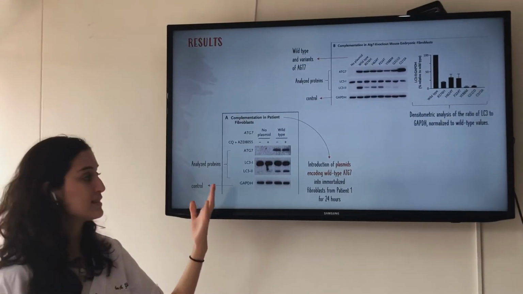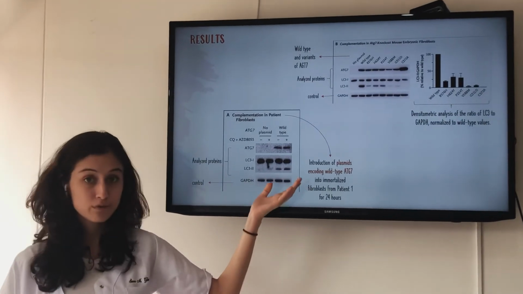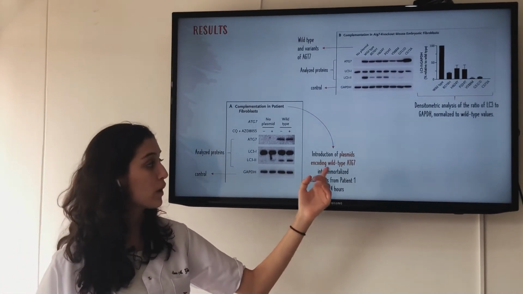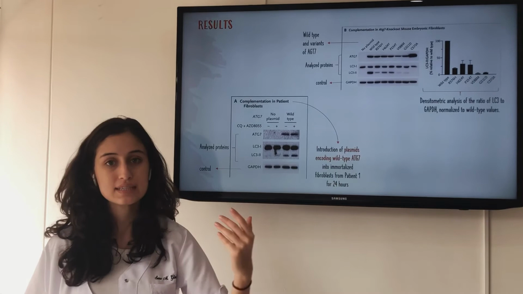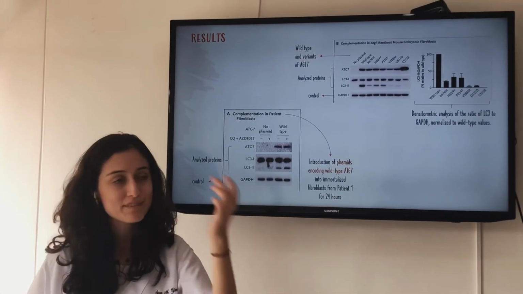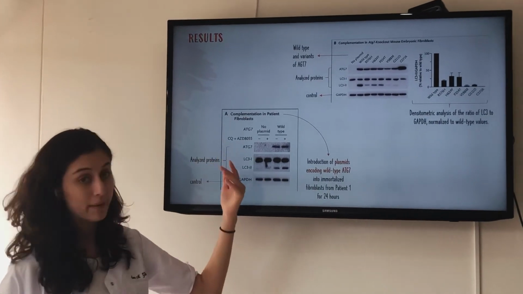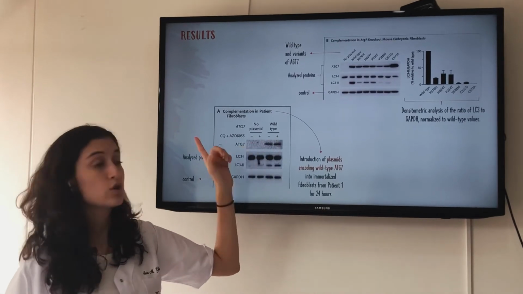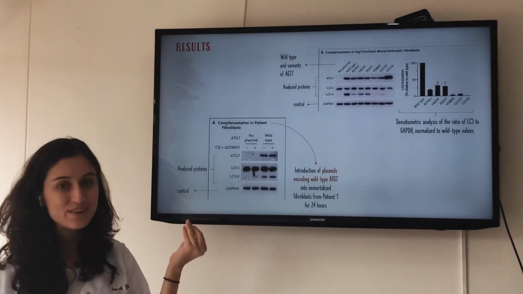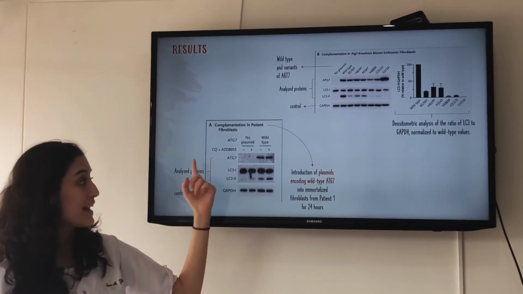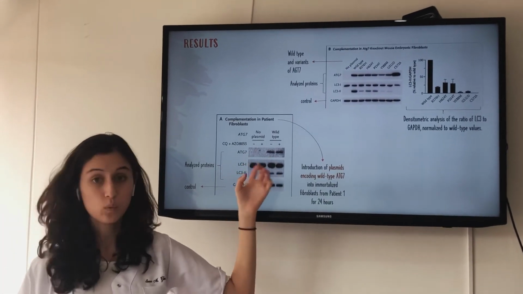In this analysis, there was an introduction of plasmids encoding wild-type ATG7. It means that it is a functional ATG7, and we compared the wild type and the no plasmid. So we can see a difference here. We can see that ATG7 is present in the wild type.